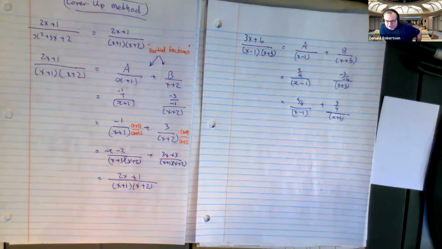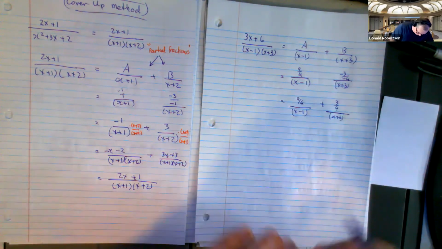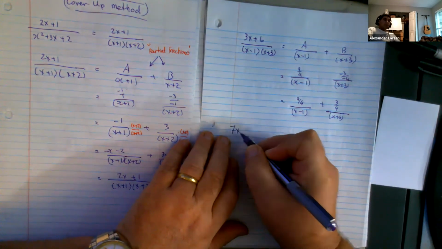Would you agree it's clearer what I'm doing, even if you don't know why it works? So we're going to do one more. And the next one, do you now not care why it works? You just know how to do it and it works, right? Alec, give me a number from 1 to 10. 7. Okay.